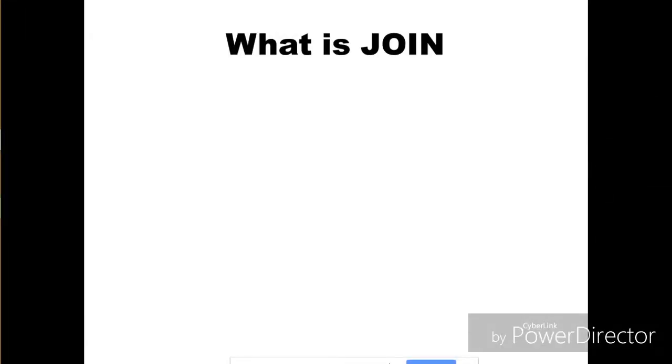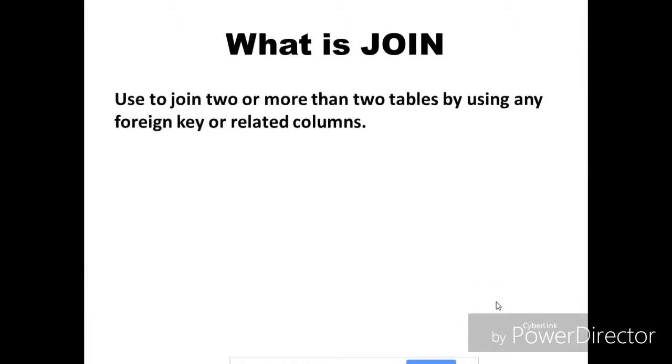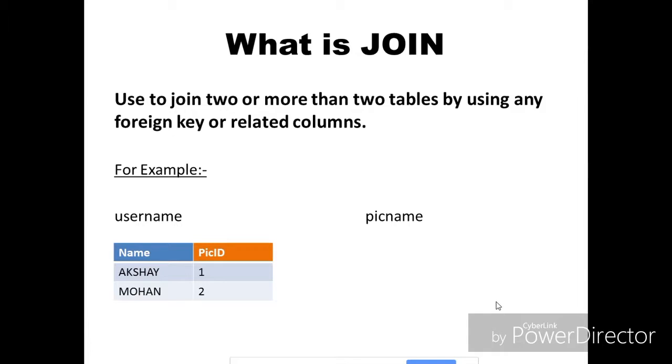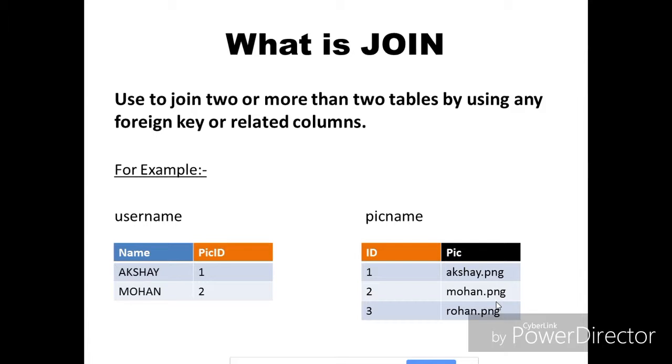So what is join? Basically, according to the name, join is used to join two or more than two tables by using a foreign key or a related column. For example, suppose we have two tables. First is username and the second is pickname. Username has two columns, name and pic ID, while pickname has two columns, ID and pic.